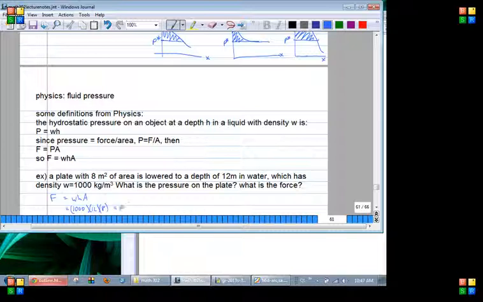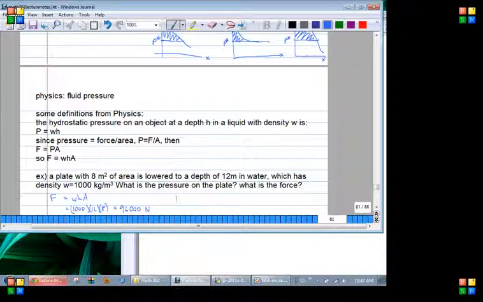And so it all works out to 96,000. And we know that our units for force are newtons. Newtons is fine. Okay. So there's the force.